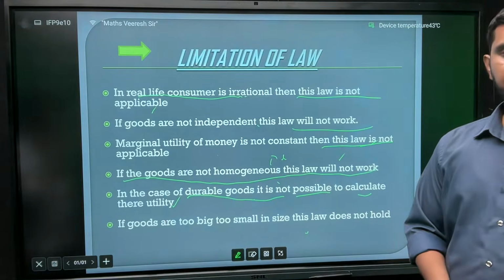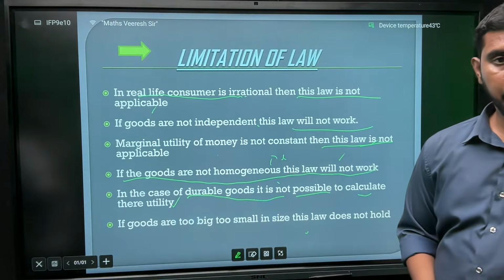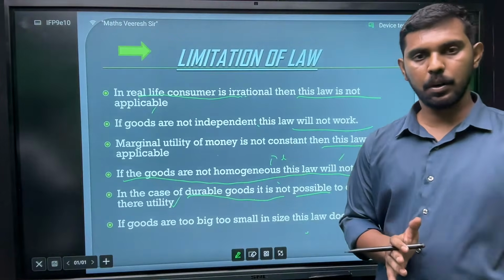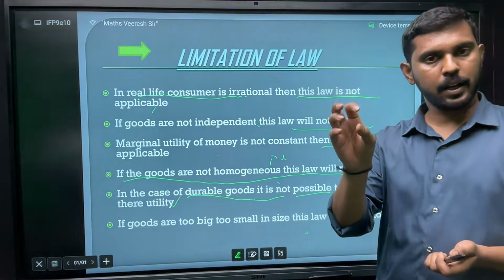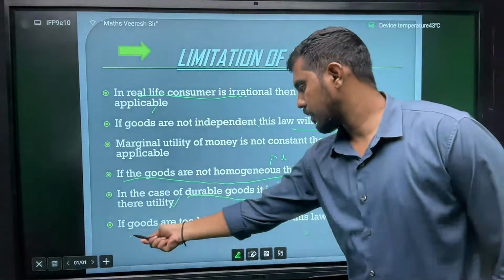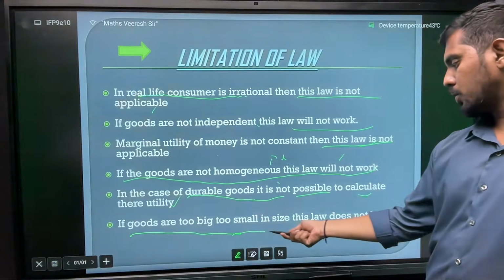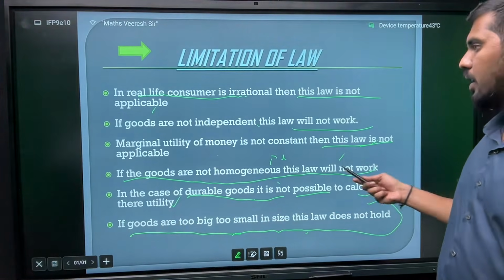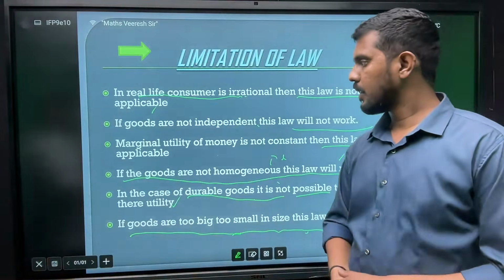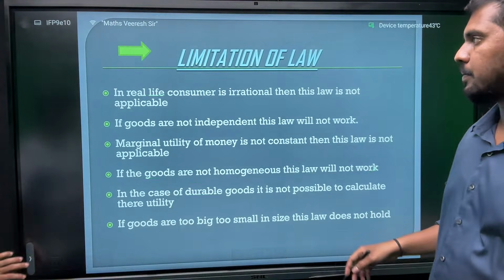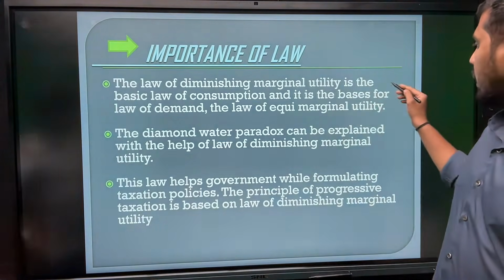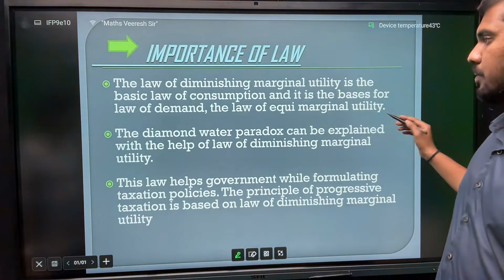And last one, the size of the good: if one is big and another one is small, the law will not work. Write down only 4. Choose from it or from your textbook.